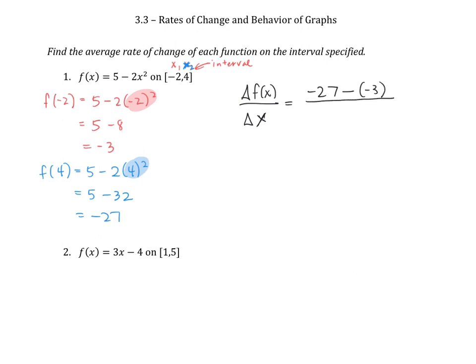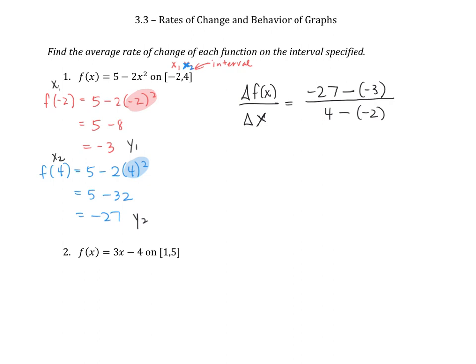Since I used the blue first, I need to use the blue x, so that would be 4 minus a -2. Again, x1, x2, this would be y1, and this would be y2, and that's because this was x1 and this was x2. So you have to make sure you go in the same order.